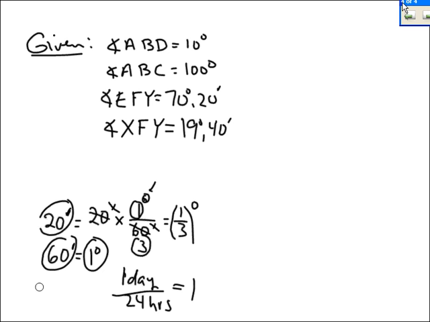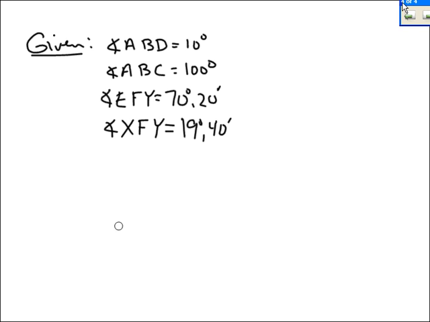And that's the given. Let's write down what we want to prove and then go ahead and prove it. I'm going to prove that angle DBC is congruent to angle XFE.